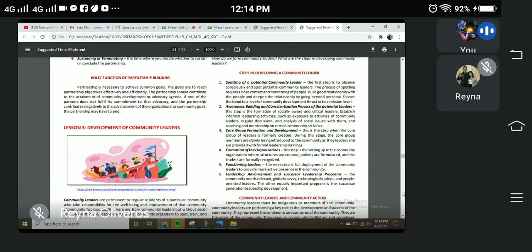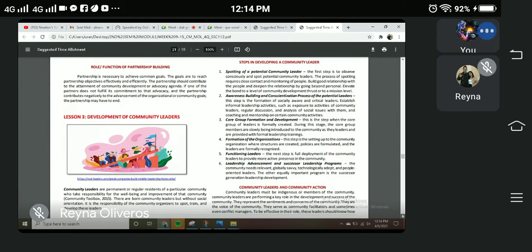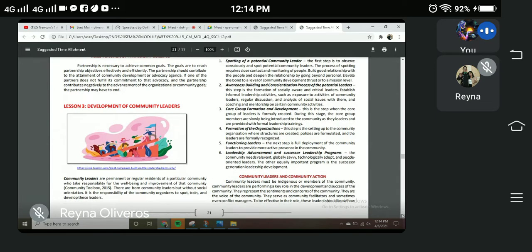So, pag sinabi natin community leaders, these are a permanent or regular resident of a particular community who take responsibility for the well-being and improvement of the community. Okay? This was identified by Community Toolbox in 2015.